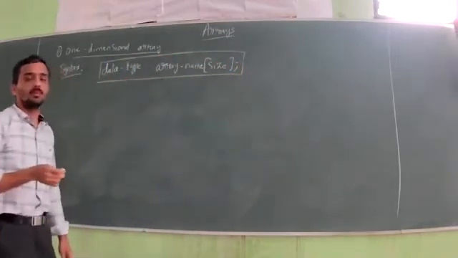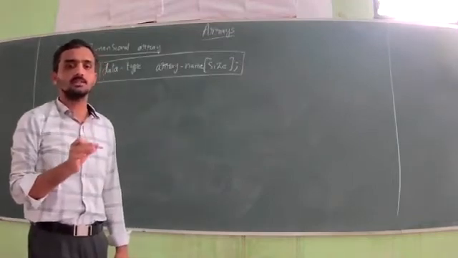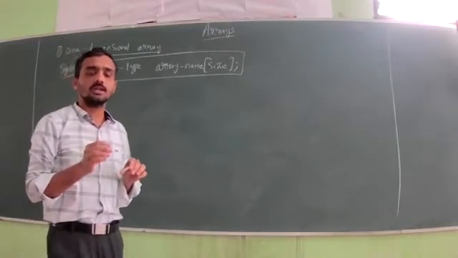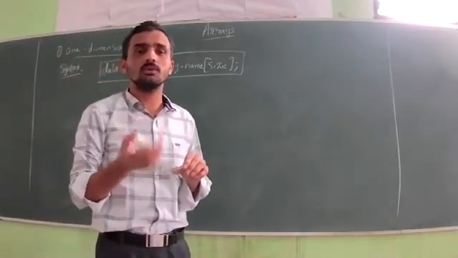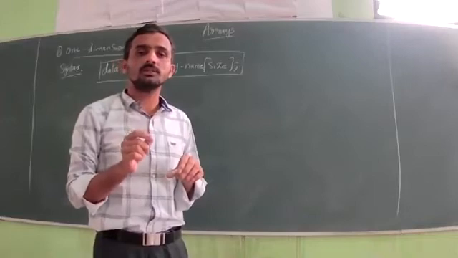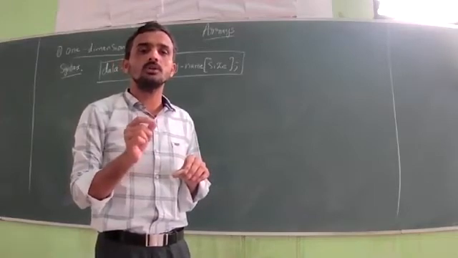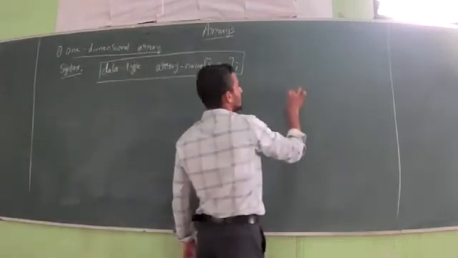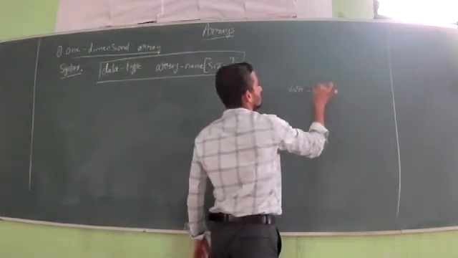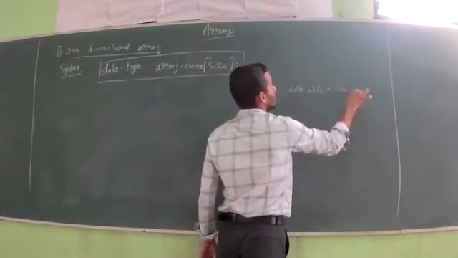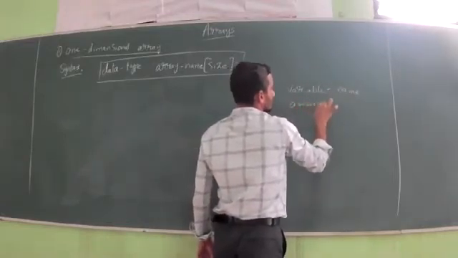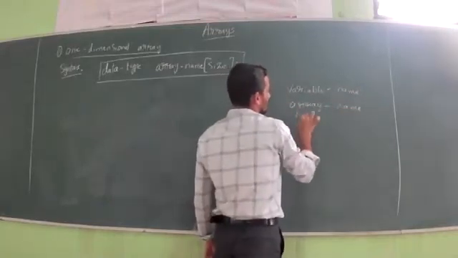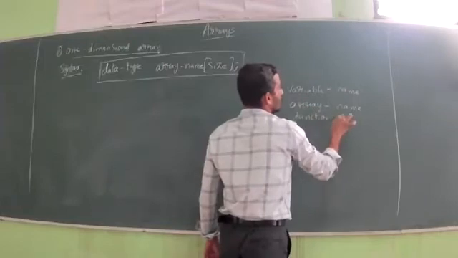One more important thing you have to remember here is the concept of identifier. Identifiers are nothing but the names given to programming elements. If you consider a variable, it is a variable name. An array is an array name. A function is a function name.